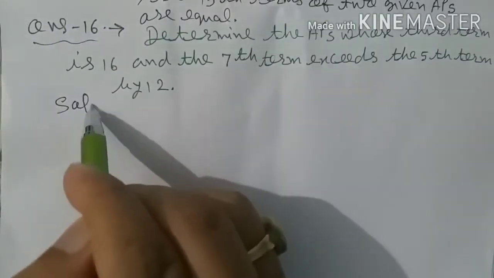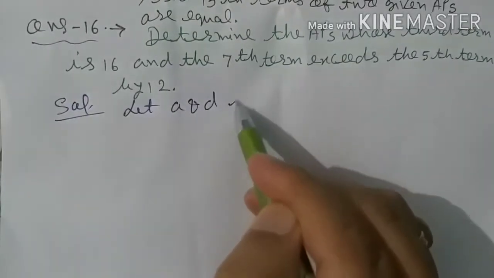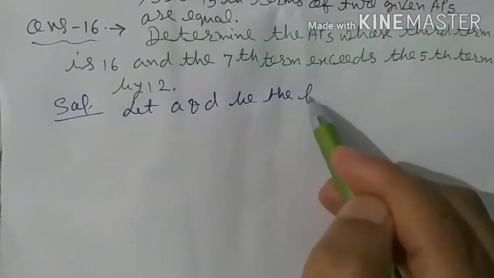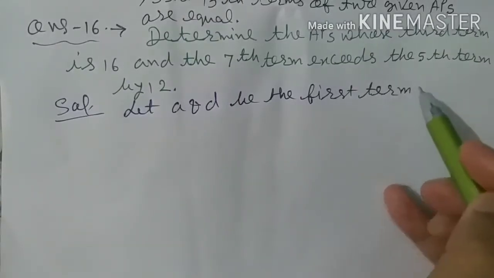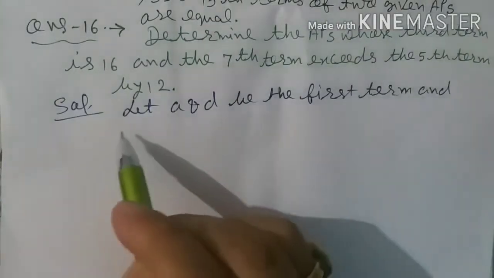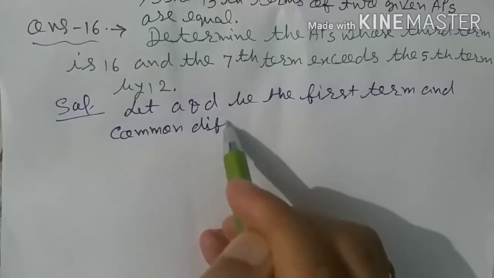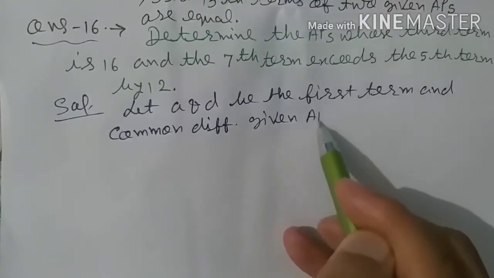Now your next question is: determine the APs whose third term is 16. Now let A and D be the first term and common difference of the given AP.